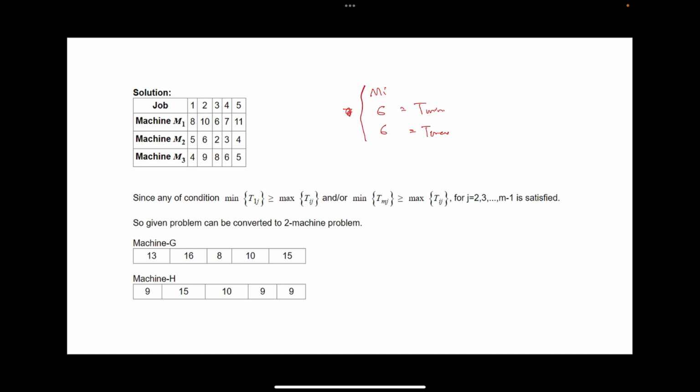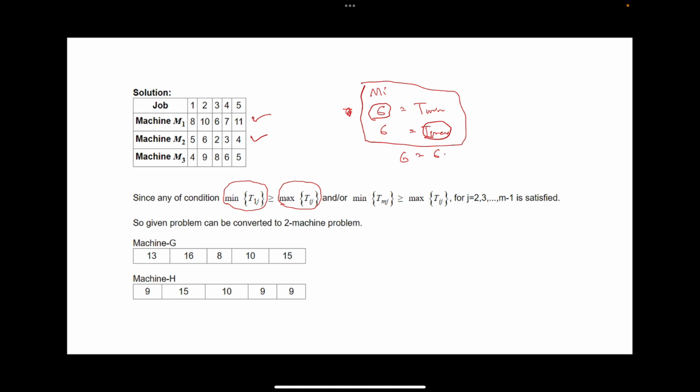This can be applied only if the minimum of the time taken for the jobs in any machine is greater than or equal to the maximum of the time taken in another machine. This condition is valid because here the T minimum is 6 for machine 1 and the T maximum is 6. You can see that 6 is equal to 6.